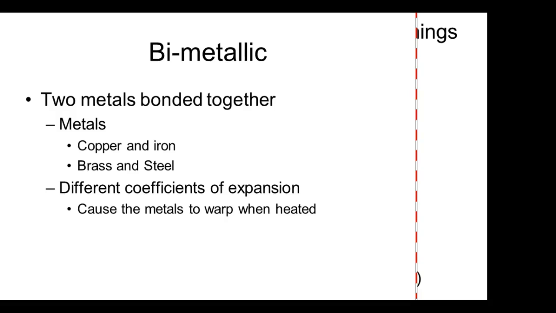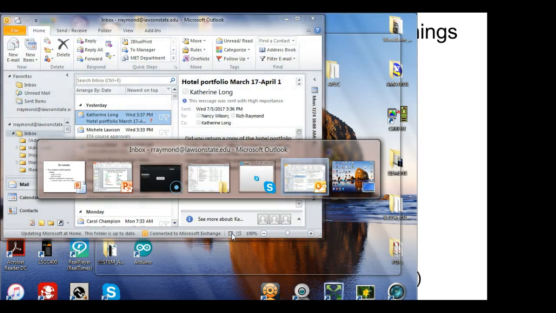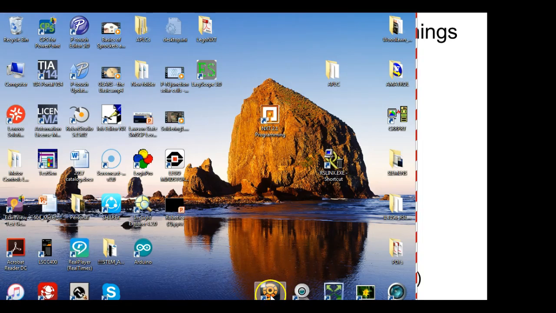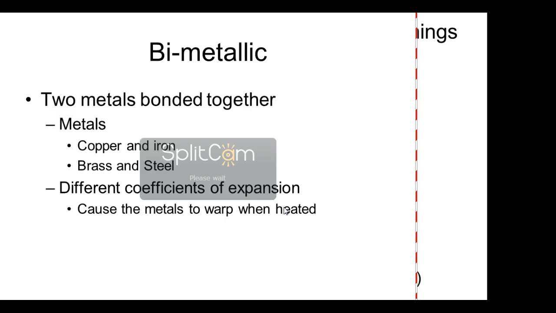So one way we measure temperature, and this was done for years in the house, and some of y'all might still have these things, is using what we refer to as a bimetallic strip. And I think we talked about this in this class. What does that mean when we talk about a bimetallic strip? Two metals that have different coefficients of expansion.